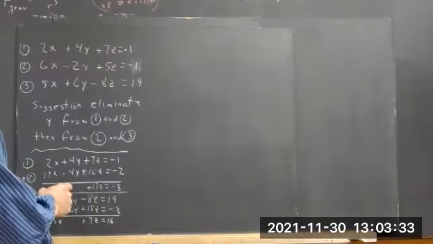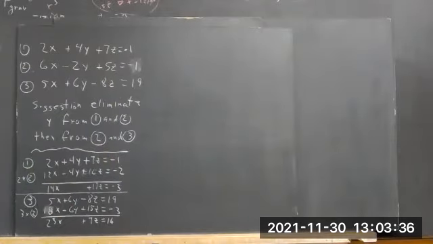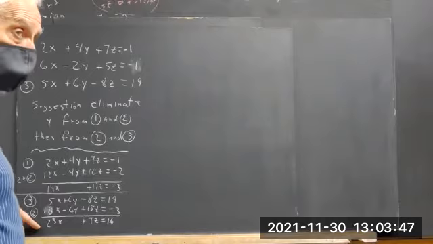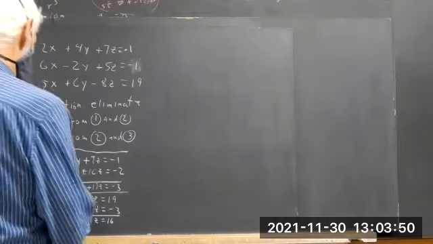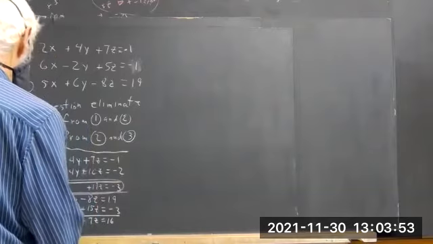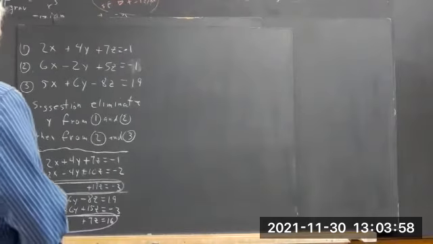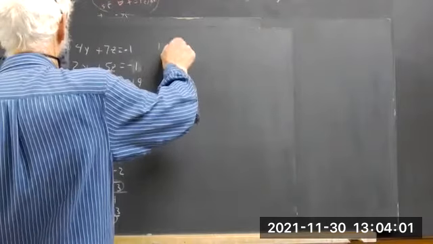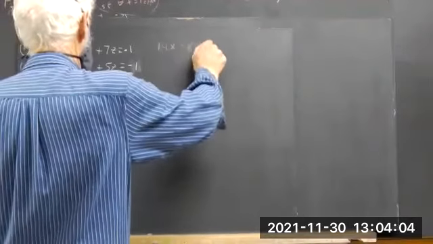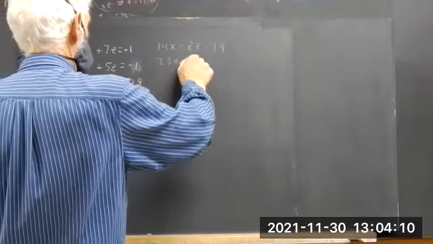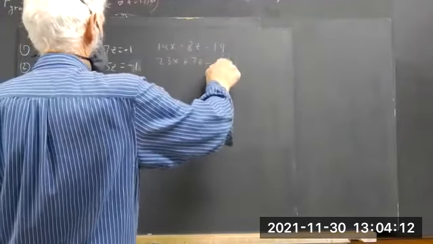We have this equation and we have this equation. So any solution of the system, any x, y, and z values that satisfy the system, has to satisfy these two equations. So we solve this system of two equations. We write that as 14x minus 8z equals 19, and 23x plus 7z equals 16.